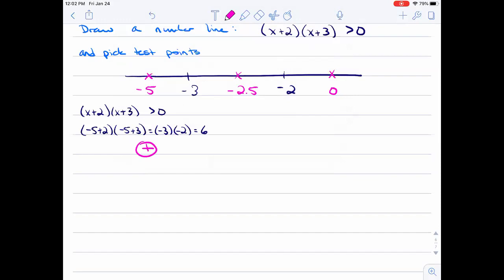Sometimes it's more annoying to actually find what these values are and solve for them. Remember how negatives behave? If we've got an even number of negatives, then it's positive. If you've got an odd number of negatives, negative 1 times 2 is negative; negative 1 times negative 1 times negative 1 times 2, three negatives, still going to be negative.